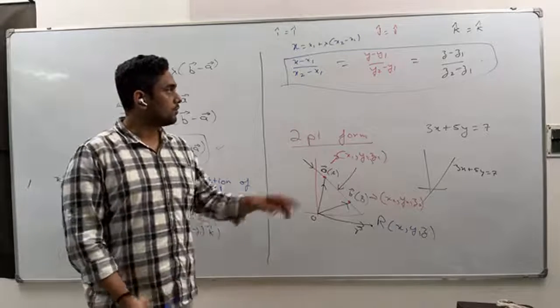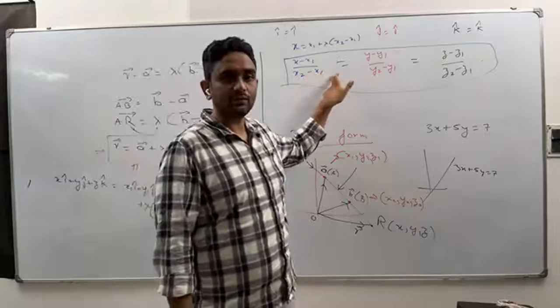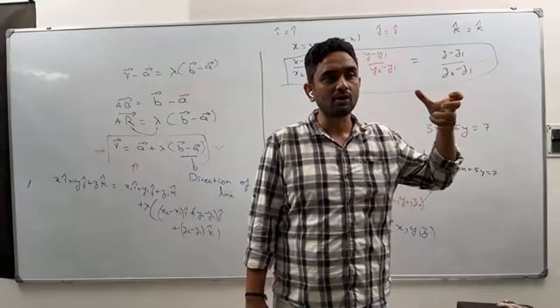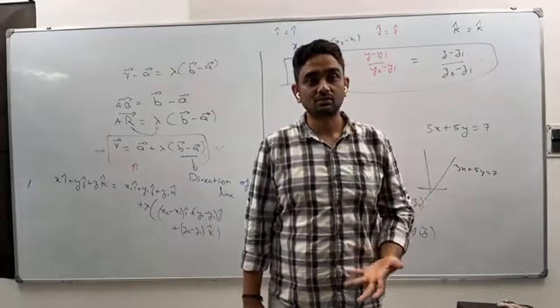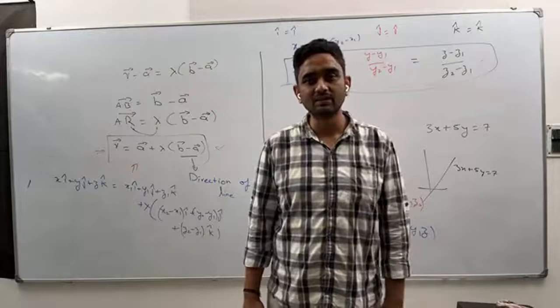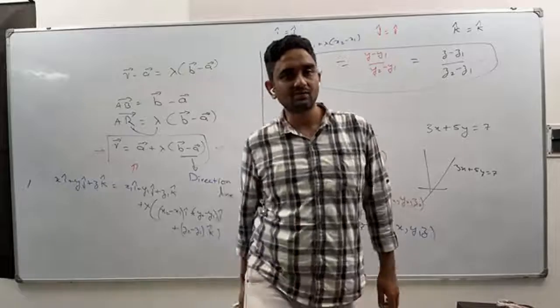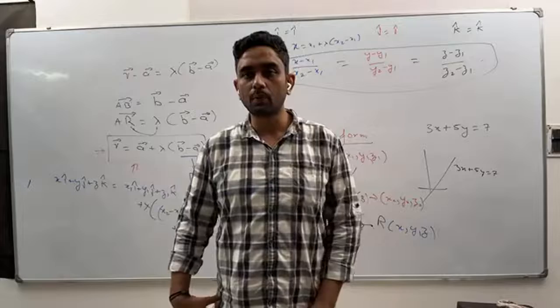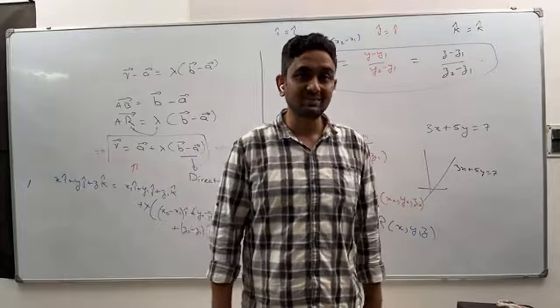Always remember that the denominators x2 minus x1, y2 minus y1 and z2 minus z1 represent the direction ratios along I, J, K, or x-axis, y-axis, z-axis. And it passes through the point x1, y1, z1.